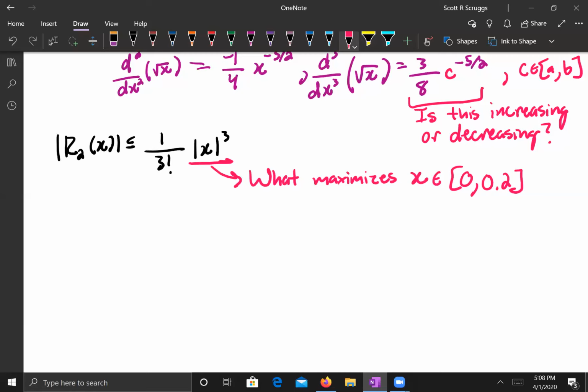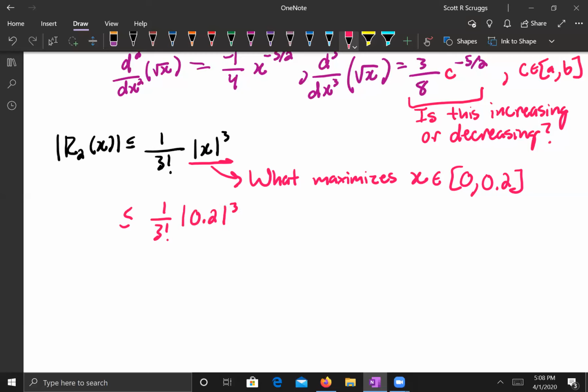That tells me whether I'll plug in the left endpoint or the right endpoint. If I plug in the right endpoint, it's going to continue increasing if you take the derivative.